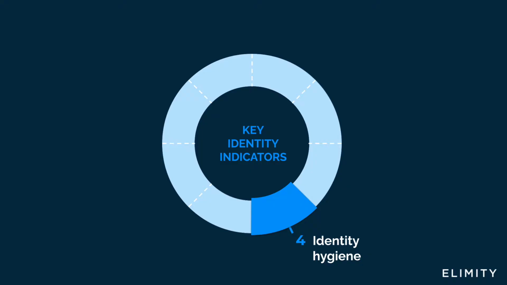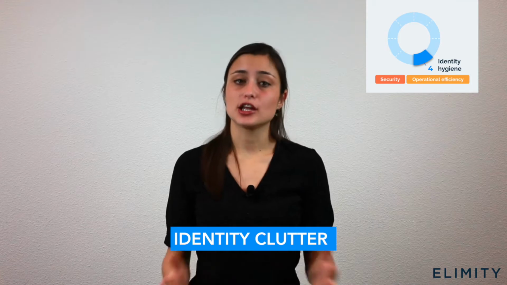Keeping access rights to a bare minimum is also known as the principle of least privilege. And in combination with removing orphaned accounts and monitoring privileged accounts, this principle ensures that the identity attack surface is as minimal as possible.